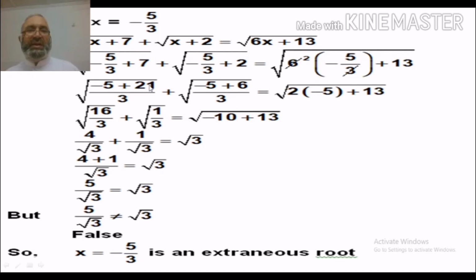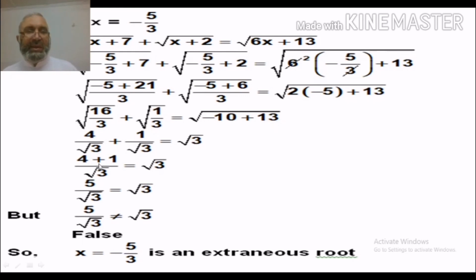So on the left-hand side, 21 minus 5 becomes square root of 16 by 3, and plus 6 minus 5, square root of 1 by 3, is equal to, on the right-hand side, minus 10 plus 13. So square root of 16 becomes 4 by root 3, plus 1 by root 3, is equal to, on the right side, square root of 3.